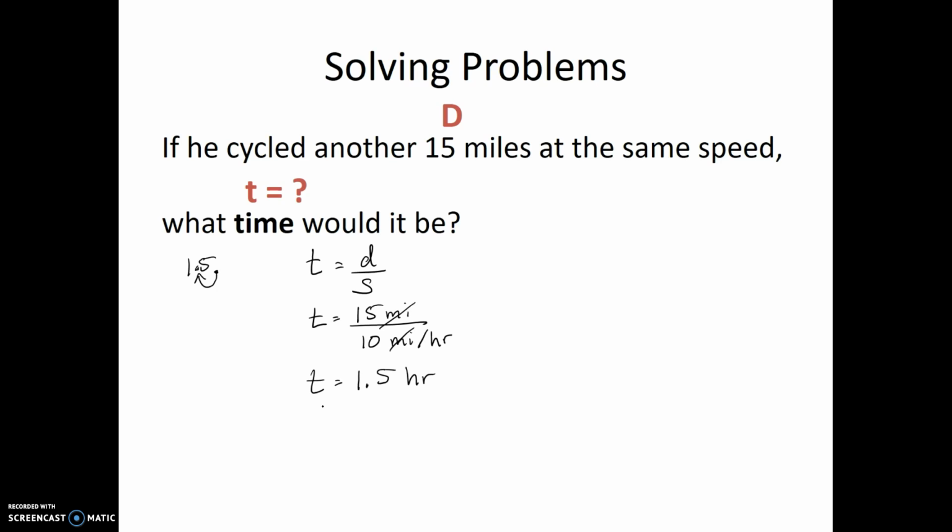However, that is not what time it is, right? In part A of that problem, we read that John finished cycling at 9:30 a.m. He started at 7:30. He finished at 9:30.